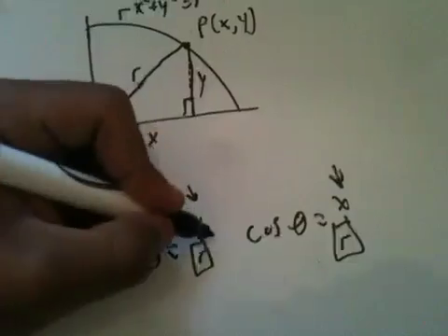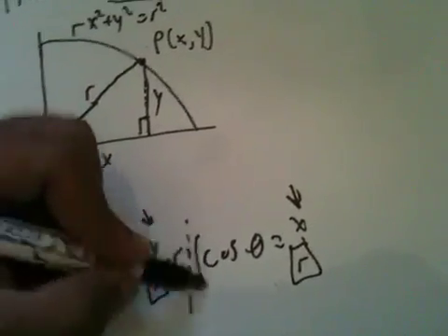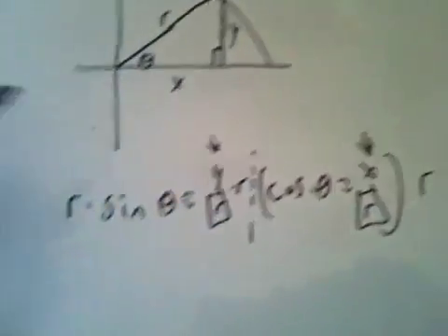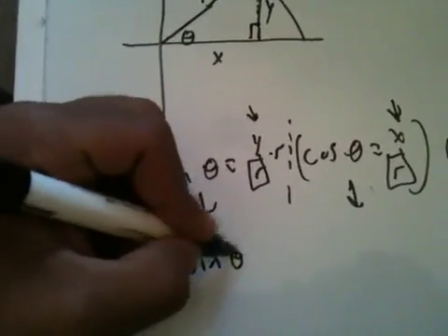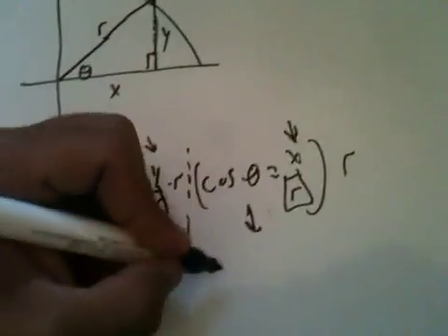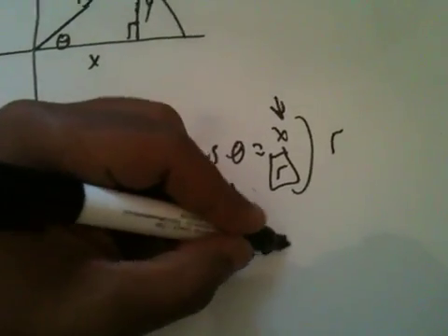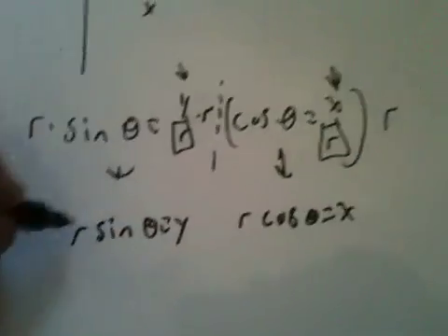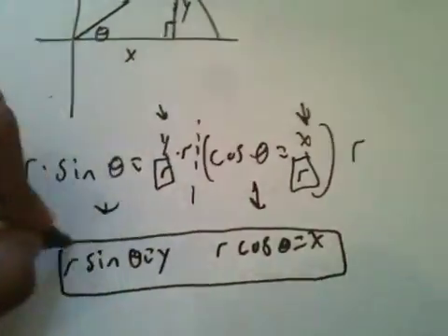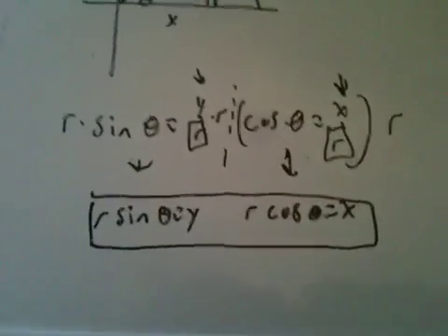If I multiply both sides by r, we get r times the sine of theta equals y, and r times the cosine of theta equals x. And you're going to see these a lot in your trigonometry classes, because they'll be helpful when you go from polar to rectangular coordinates and everything else like that.